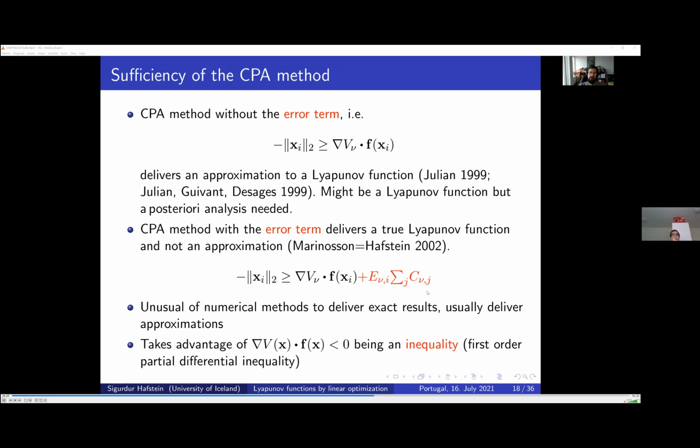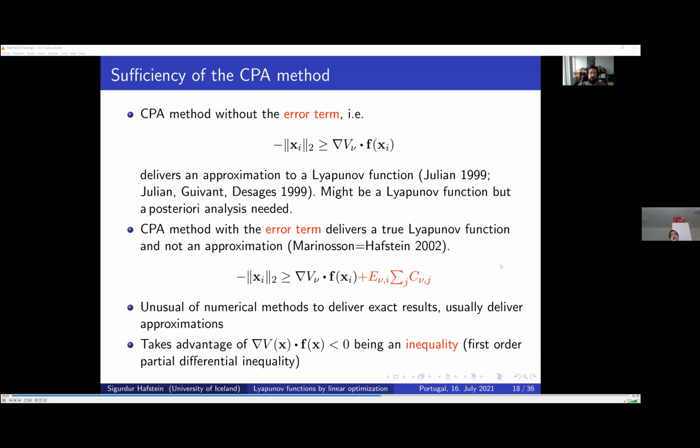Without these terms, this was done a few years before, mainly by Julian, but then some a posteriori analysis of the function had to be done, and it could never truly have a negative orbital derivative close to the equilibrium. By adding this term, we can actually construct a Lyapunov function that goes to the equilibrium point.